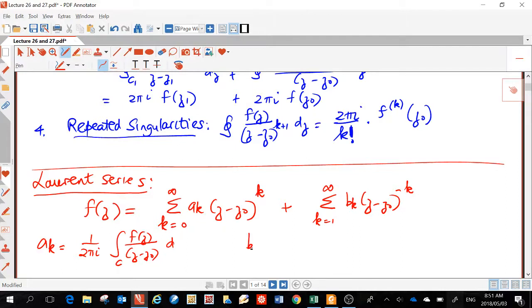This here, b_k, is likewise the same thing, but I write it like this: 1 over 2 pi i, let's say over some other C2, f of z over (z minus z naught) to the power k minus 1 dz.